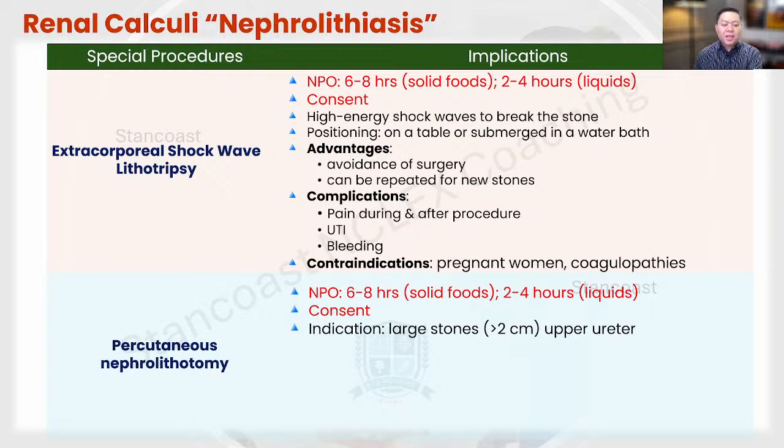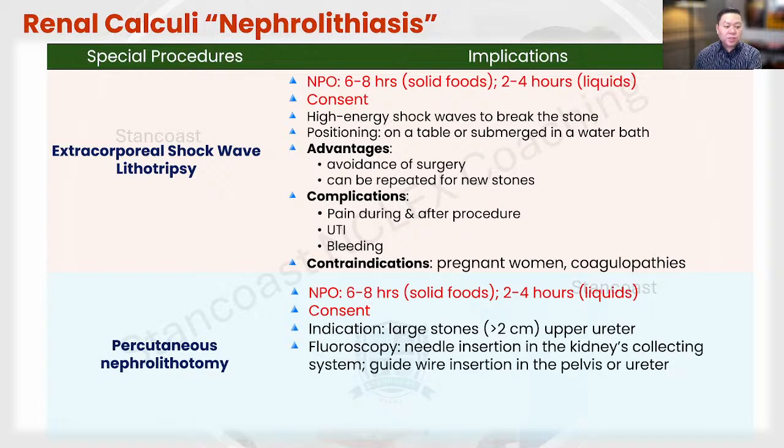The procedure will involve insertion of a needle, and the insertion of the needle will be near the collecting system. And of course, this is going to be done in the diagnostic room.